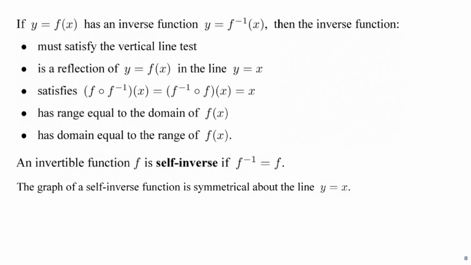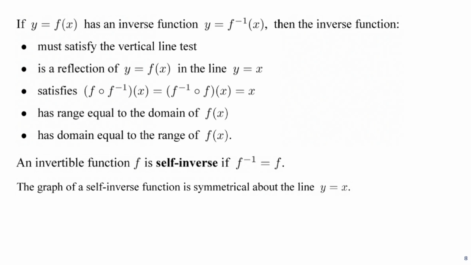And if y equals f(x) has an inverse function, y equals f inverse of x, then the inverse function has the following properties. First, it must satisfy the vertical line test. This is obvious because for f inverse to be a function, it also has to have only one output for any input, right?